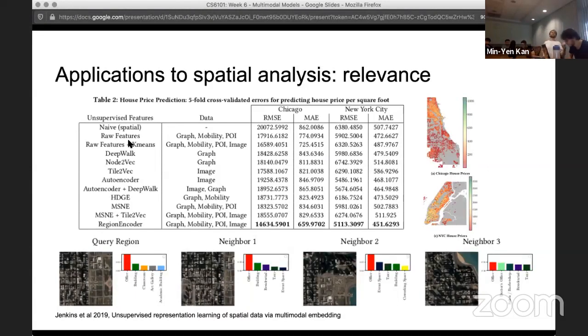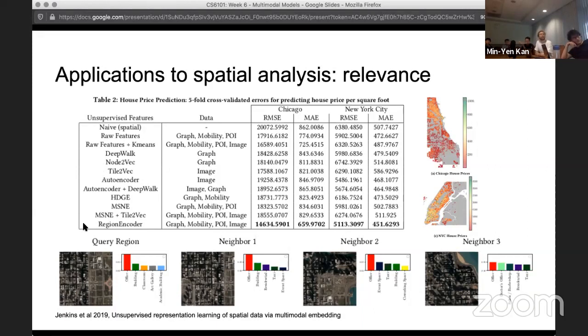I've done this before, and it doesn't work. If you tried the Kaggle competition on house pricing, you get very bad results. And then there are other methods people have tried, like DeepWalk and node2vec, things we have seen in the last lecture.